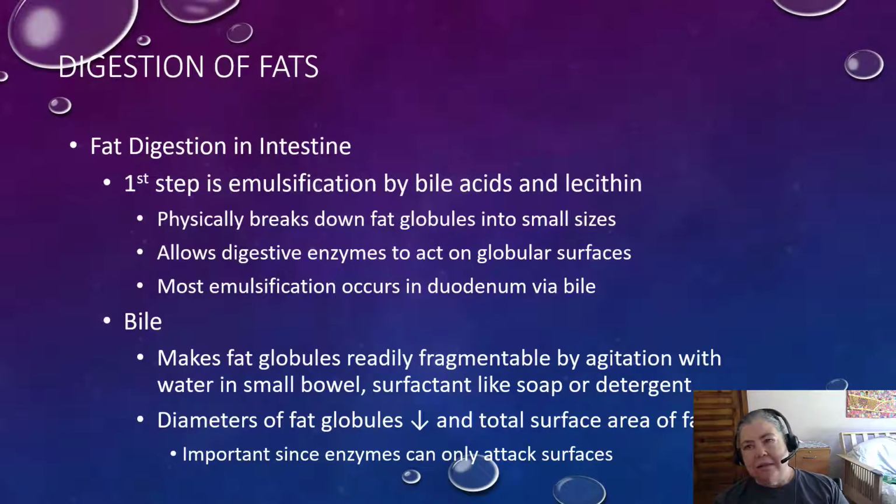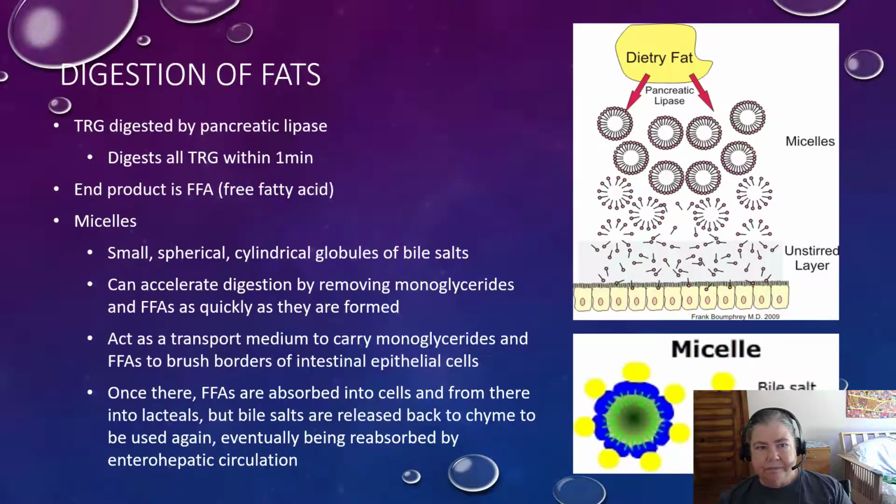The fat globules need to be broken down considerably so that the enzymes in the aqueous phase of the chyme can attack those surfaces. Pancreatic lipase digests any triglyceride that it comes in contact with very quickly, within a minute, leaving free fatty acids.